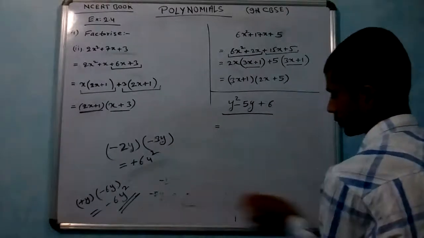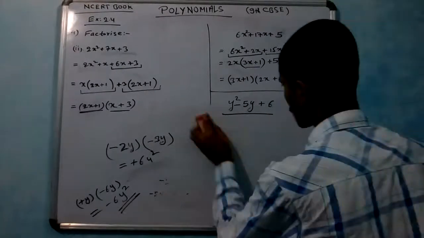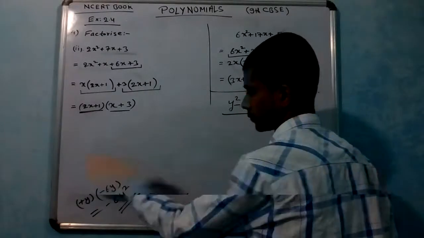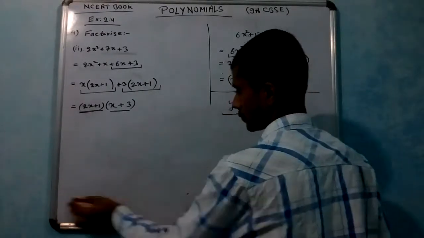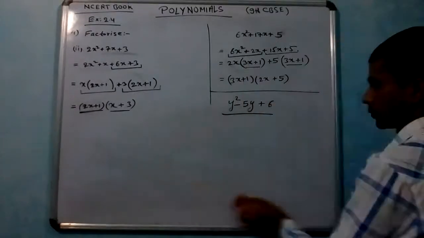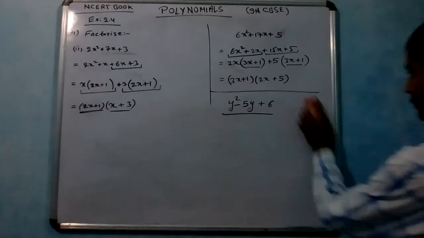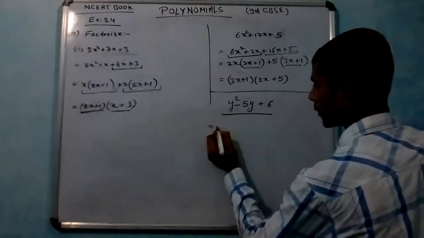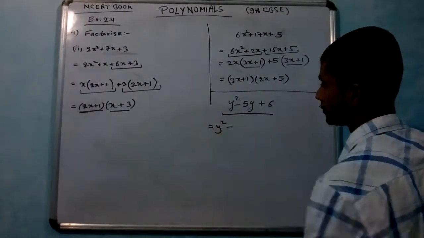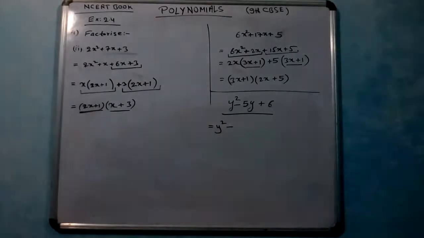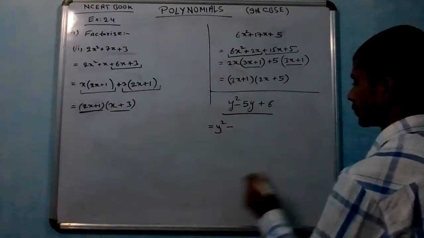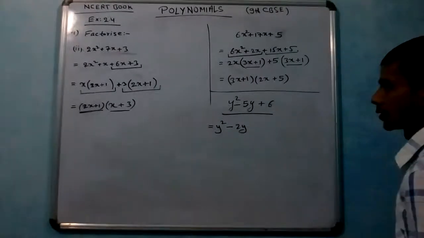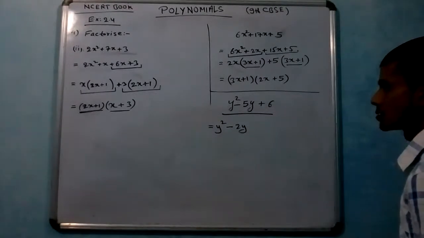Now tell me, what should I write next? Y square minus, plus 3y.